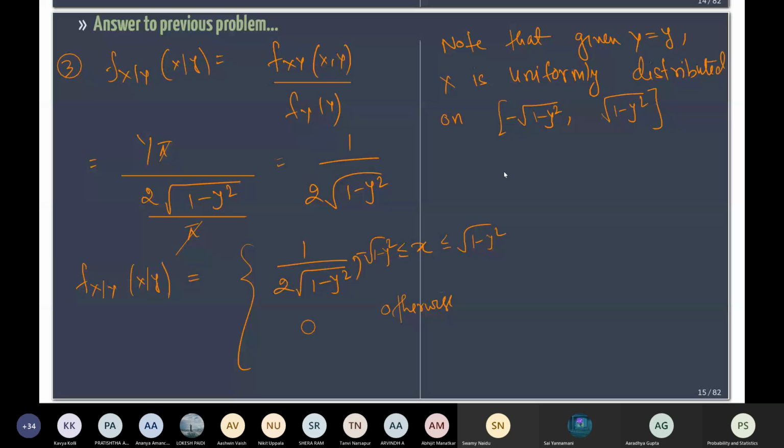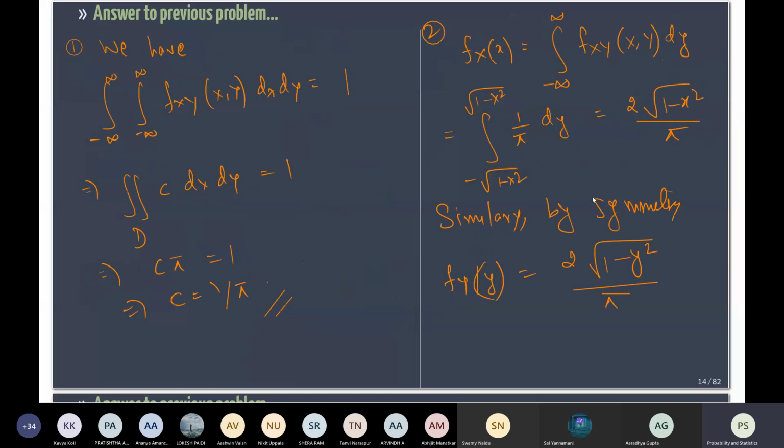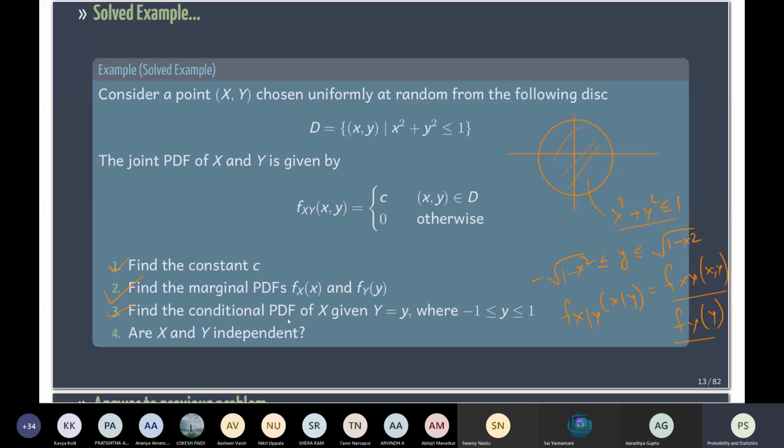In other words, in our notation, X given Y equal to y is uniform on minus square root of 1 minus y square and square root of 1 minus y square. This is how we write it. It turns out that it's a uniform.